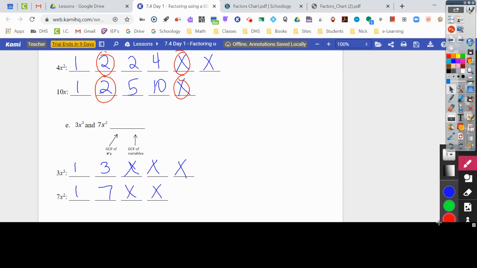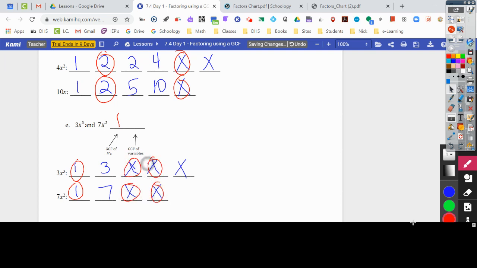Now again, I'm going to look for my GCF of my numbers. Well, the only number I have in common is 1, and that's okay sometimes. Sometimes my only number in common is going to be that number 1. And now to find my GCF of my variables, how many variables do they have in common, or what are my common variables? Well, let's see. I have one x in common.